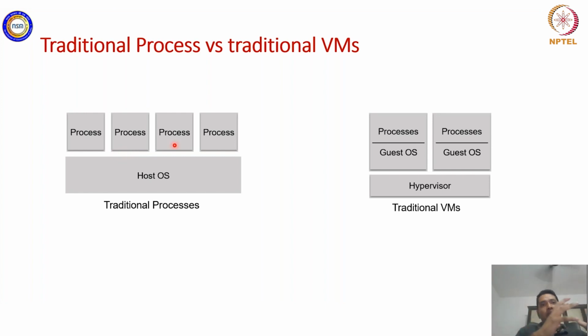This is one extreme, and on the other end of the spectrum are the traditional virtual machines that we have seen. The hypervisor will be there, and on top of that we will have virtual machines with, let's say, guest OS 1 and guest OS 2, and on top of each guest OS you will have several processes running.